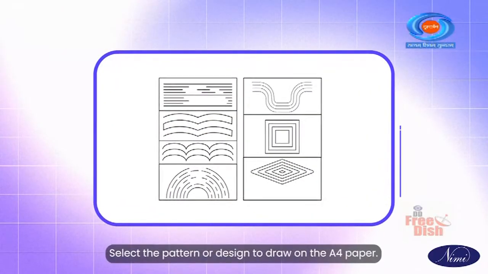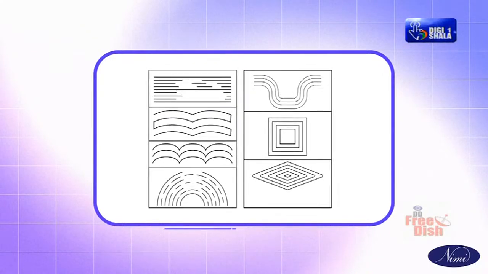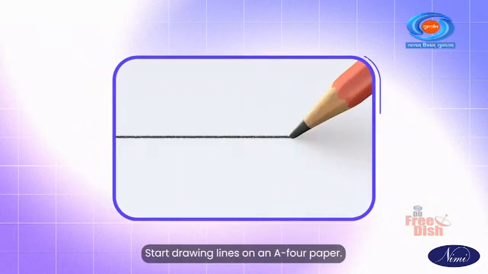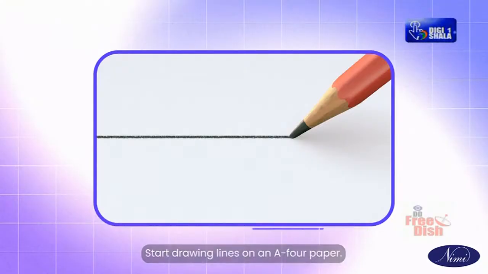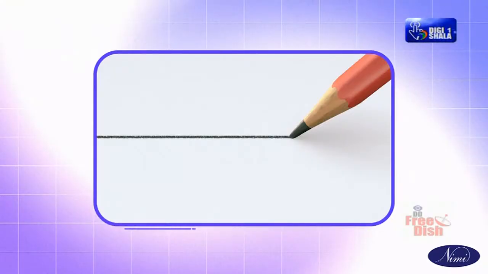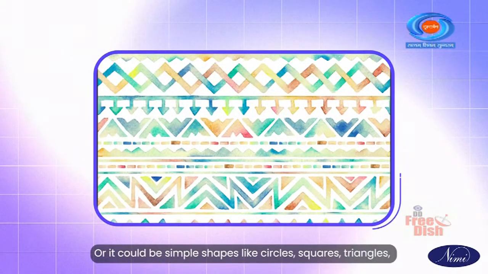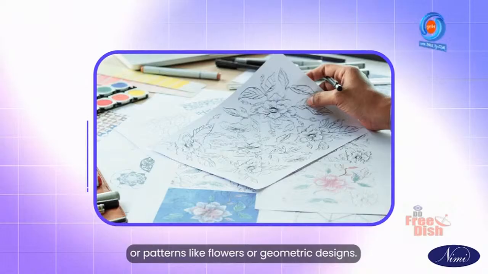Select the pattern or design to draw on the A4 paper. Start drawing lines on an A4 paper. Or it could be simple shapes like circles, squares, triangles, or patterns like flowers or geometric designs.